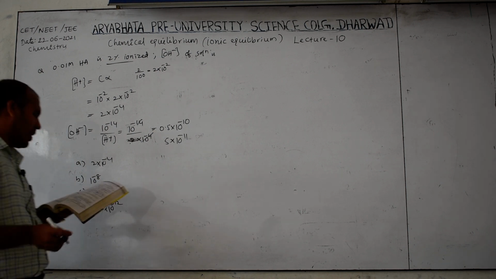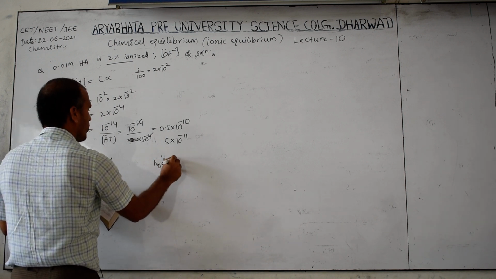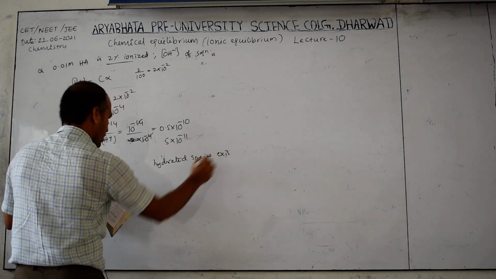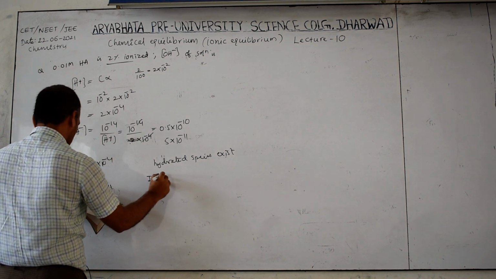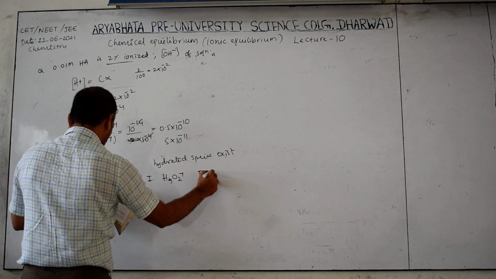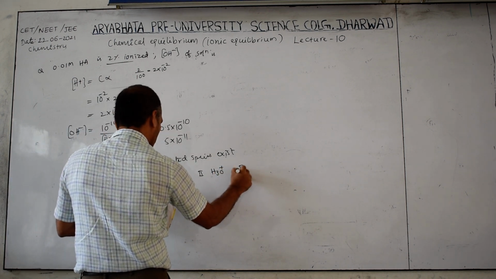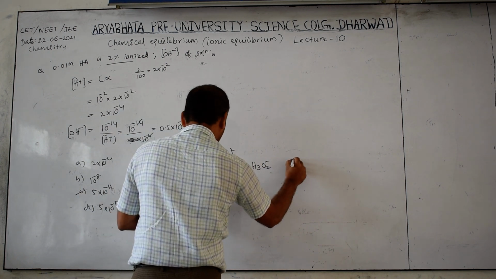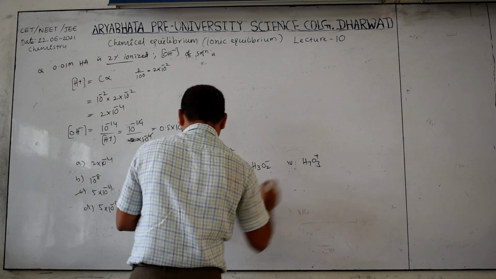Which of the hydrated species can exist? This is the question. The options given: 1 is H5O2 plus, second is H3O plus, third is H3O2 minus, and fourth is H7O3 plus.